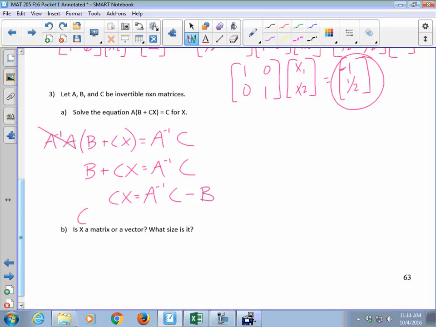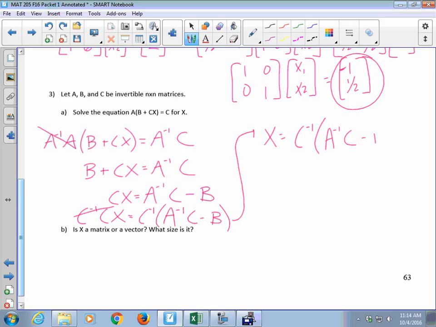So C inverse CX equals C inverse times all of this, A inverse C minus B. The C inverse C cancel, they make the identity. So I have X equals C inverse times A inverse C minus B.